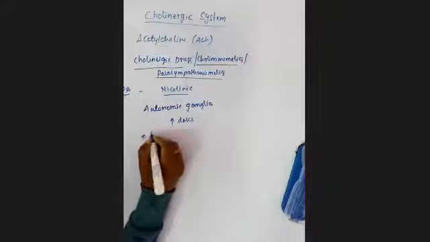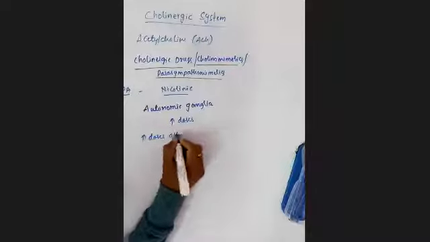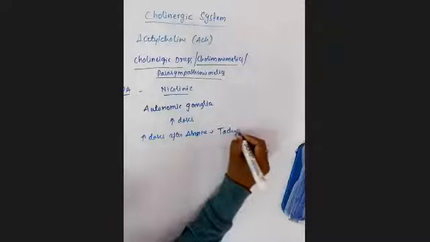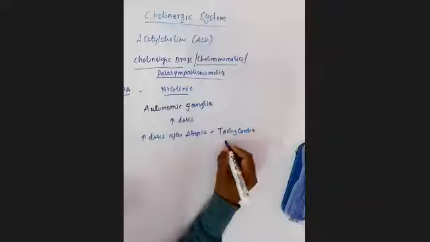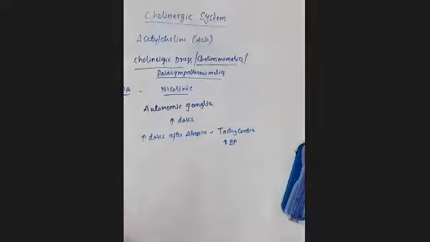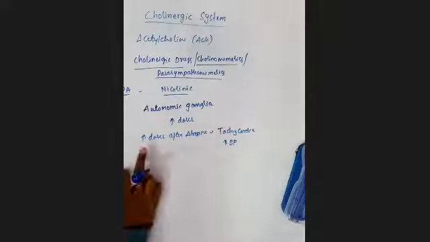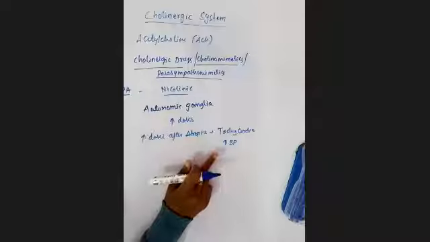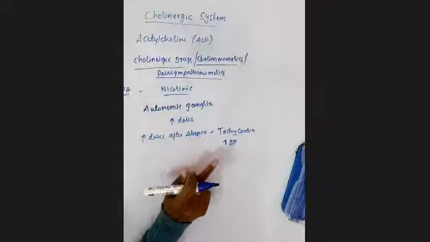Suppose you give higher doses of acetylcholine after atropine, which may lead to tachycardia and increased blood pressure. That is mainly due to sympathetic ganglionic stimulation.